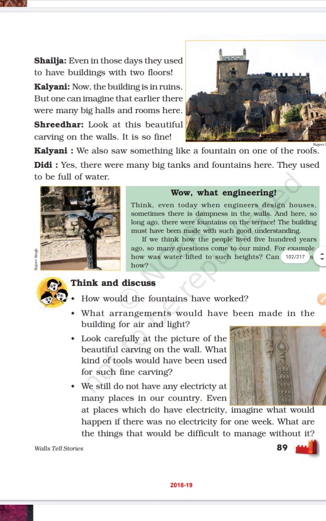We still do not have any electricity at many places in our country. Even at places which do have electricity, imagine what would happen if there was no electricity for 1 week. What are the things that would be difficult to manage without it? Okay, life, we cannot imagine life without electricity.